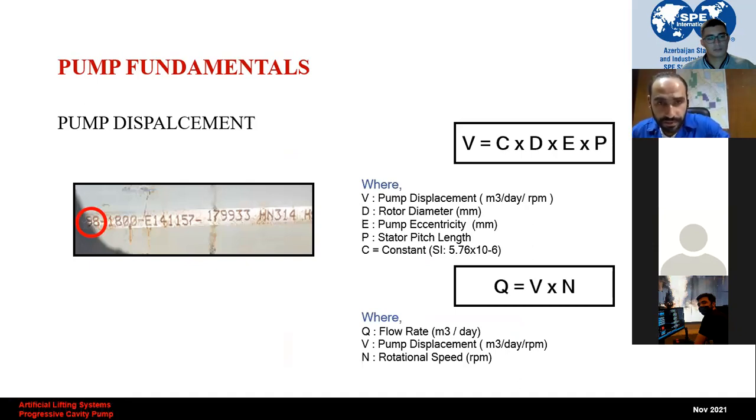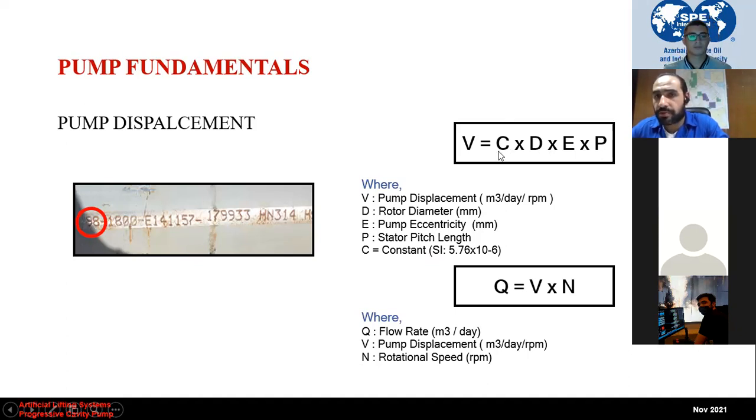Pump displacement. Remember the 98 that we talked about just a few minutes before? This is the formula that controls that number. The pump displacement is equal to the rotor minor diameter multiplied by the eccentricity multiplied by the stator pitch length.